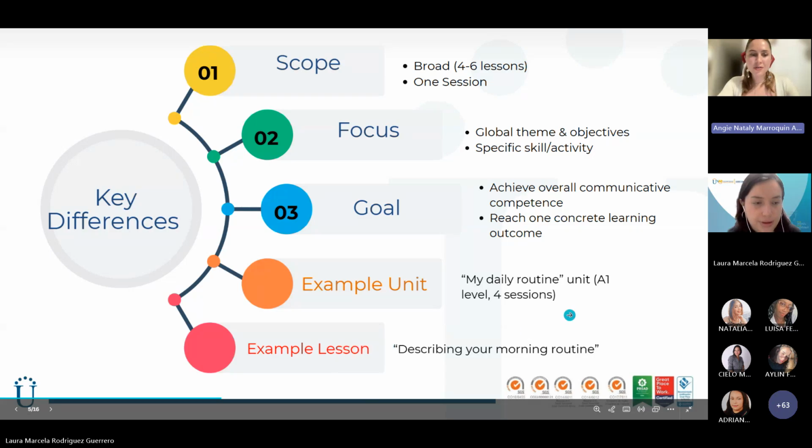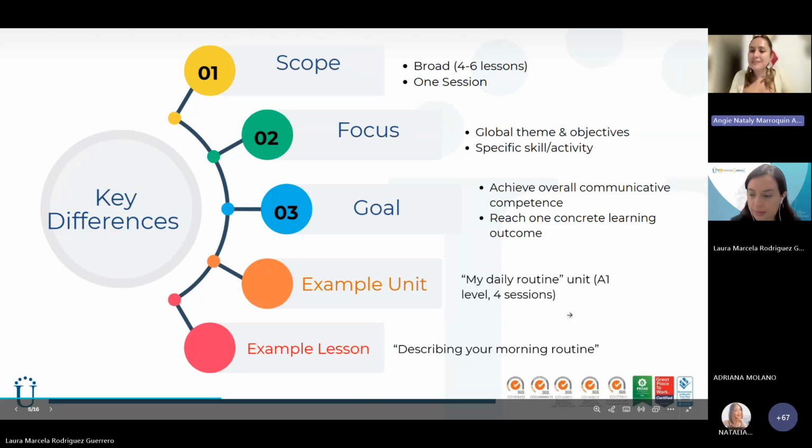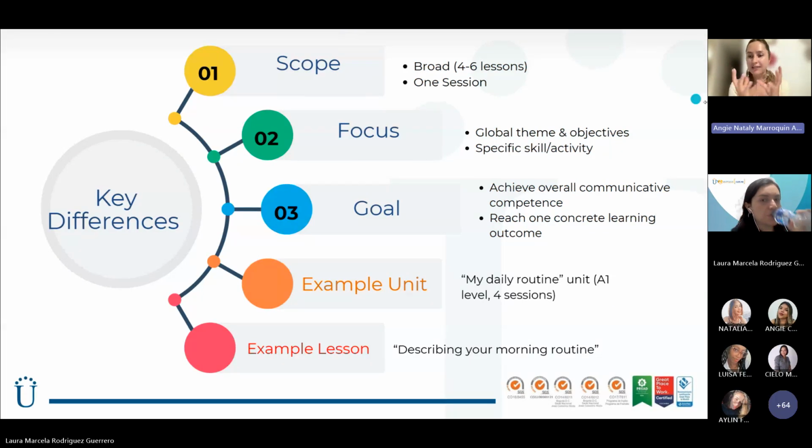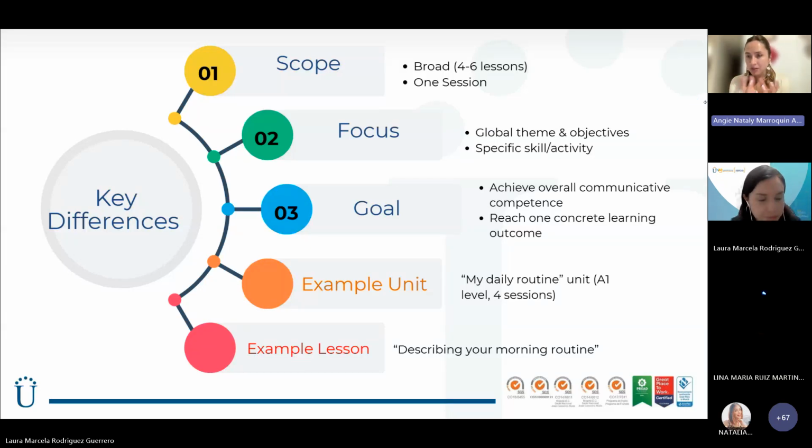Okay, so first of all, let's think about the didactic unit as a house, like an umbrella. So it's an umbrella, and the things that are under the umbrella are the lesson plans that compound that umbrella, okay?